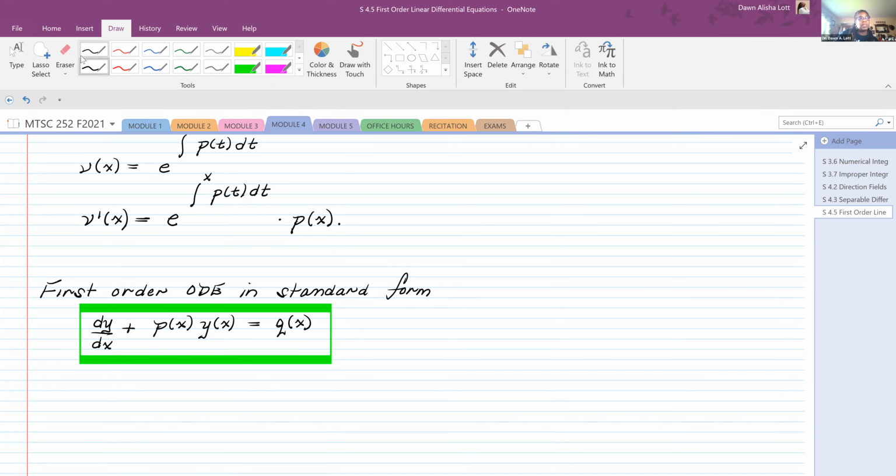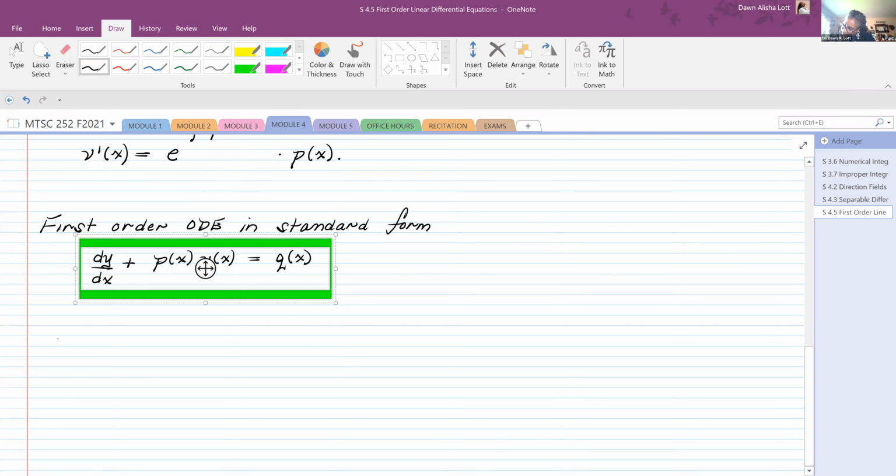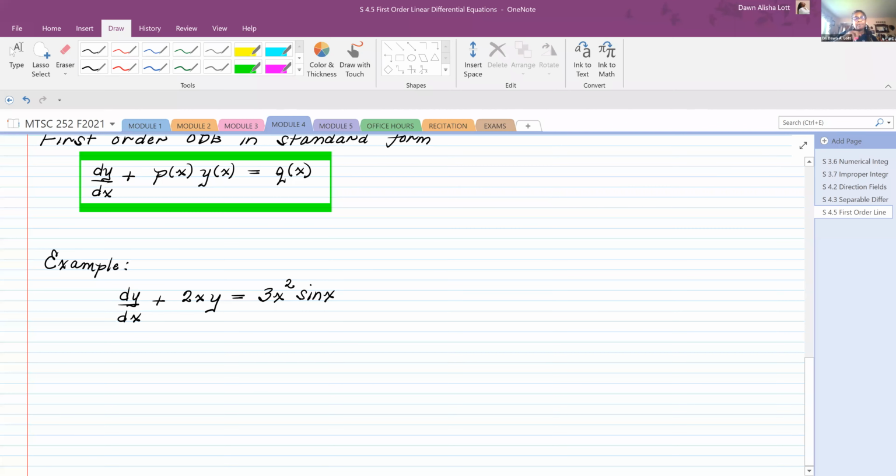Okay, so here's an example. dy/dx plus 2xy is equal to 3x squared sine of x. Okay, so this is in standard form.